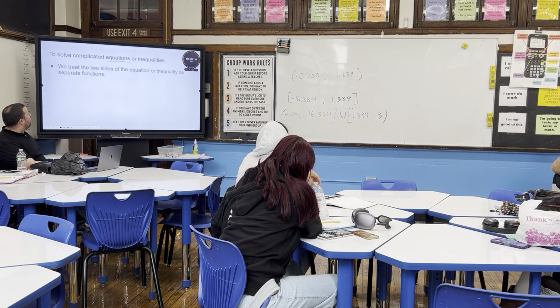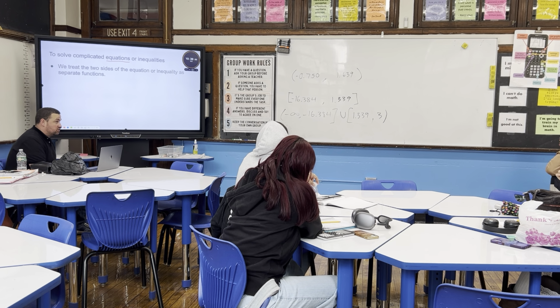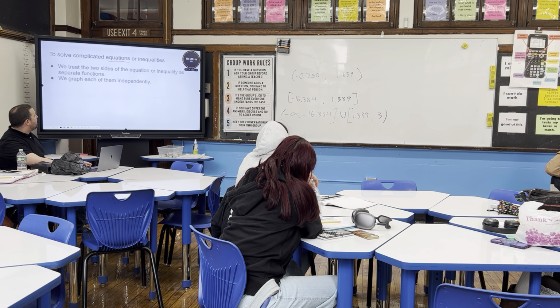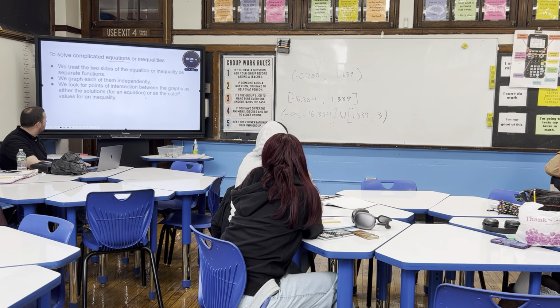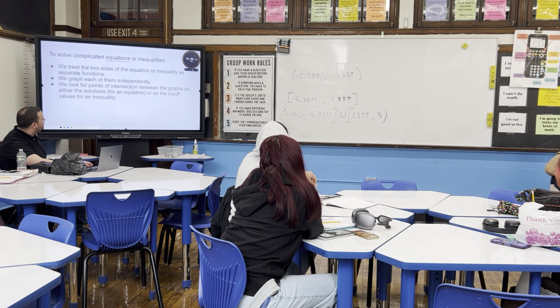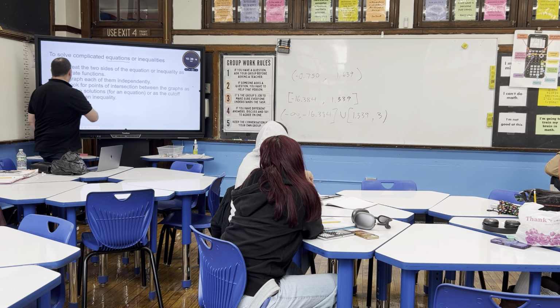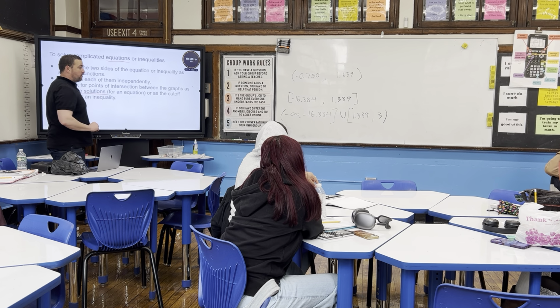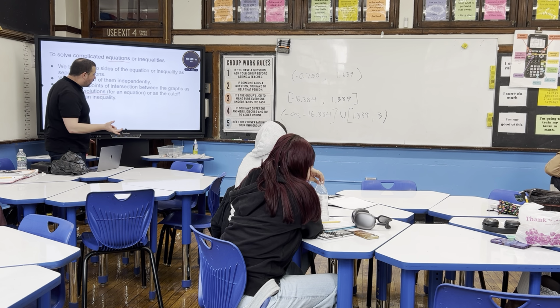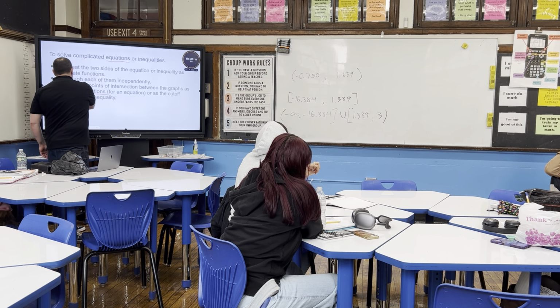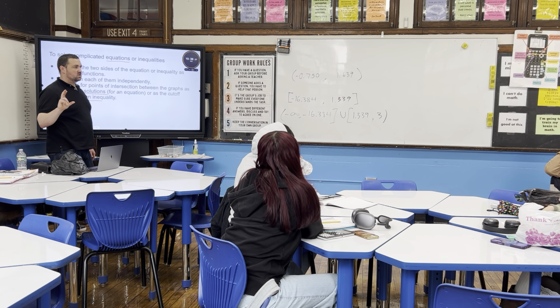So, we treat the 2 sides of the equation or inequality as separate functions. That's why we graphed y1 and y2. We graph each of them independently. y1 equals the left side, y2 equals the right side. We look for points of intersection between the graphs. The points of intersection are the solutions for an equation, or if we have an inequality, they're the cutoff values of the intervals.